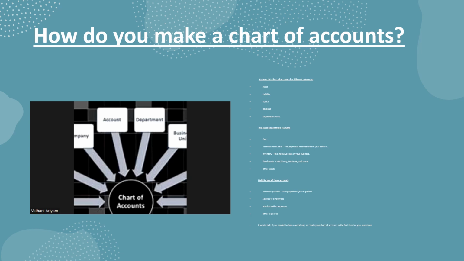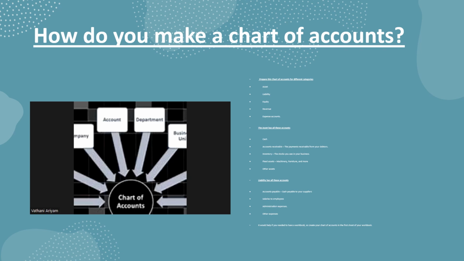Revenue accounts capture and record the income that the business receives from selling its products or services. It also includes revenues related to the exact operation of the company and excludes the income that has no connection to the main activities of the company.